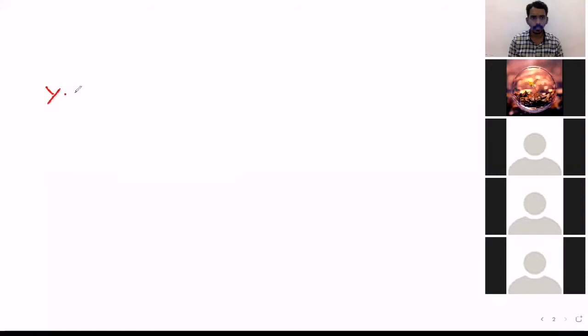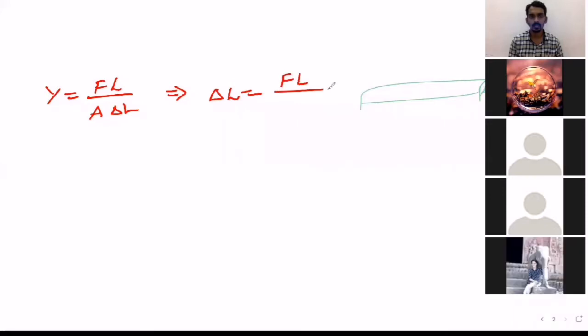Now we have the equation for Y, that is FL by A delta L. Now they can ask what is delta L. So for delta L, you take delta L on the left side and you take Y on the right side.